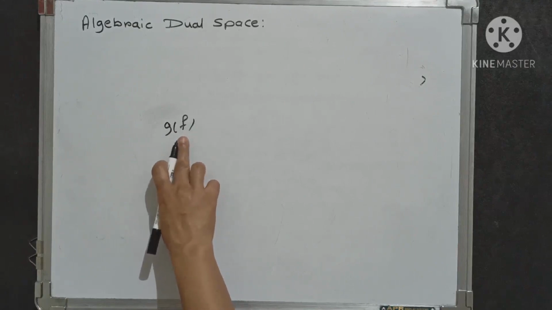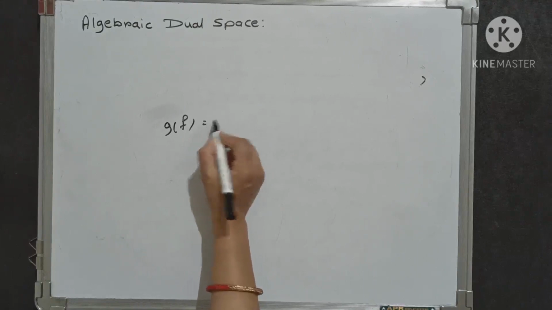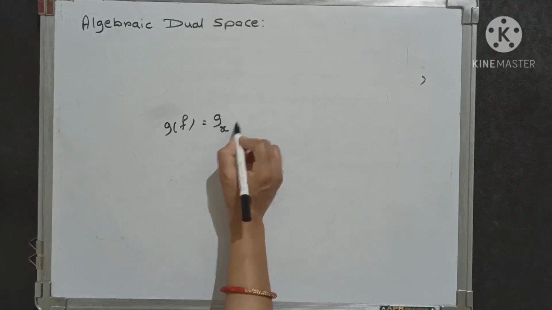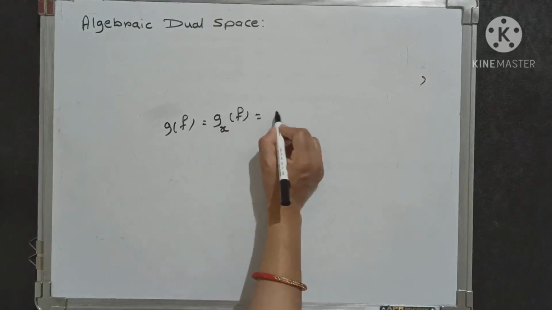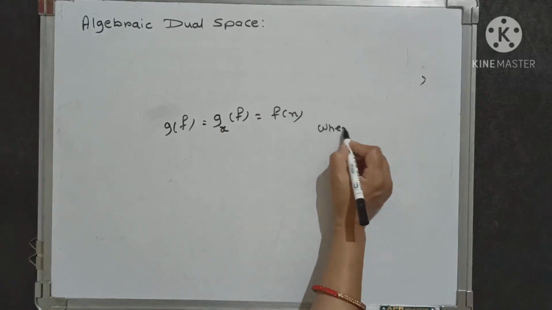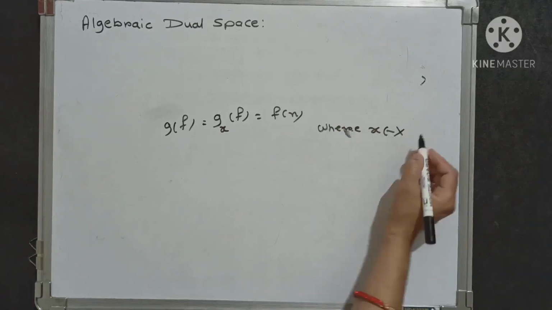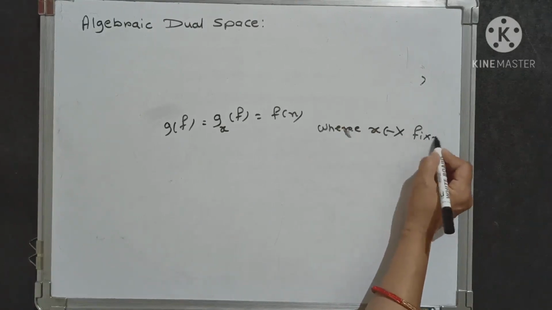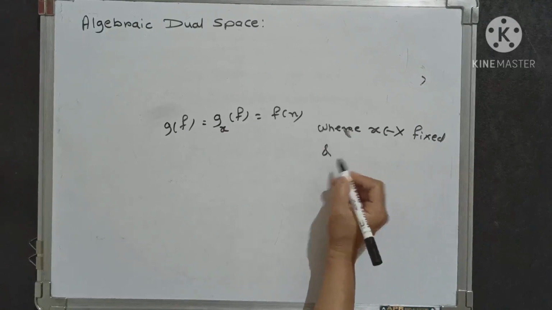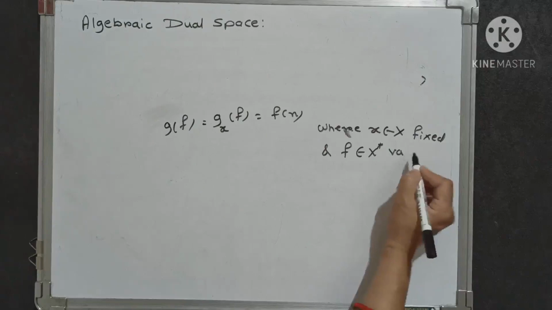But f is a linear functional which is applying on X. Therefore here we get the value g x of f, and that equals f of x, where small x belongs to capital X is fixed, and f belongs to X star is variable.